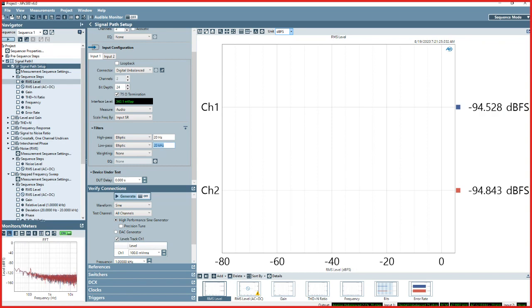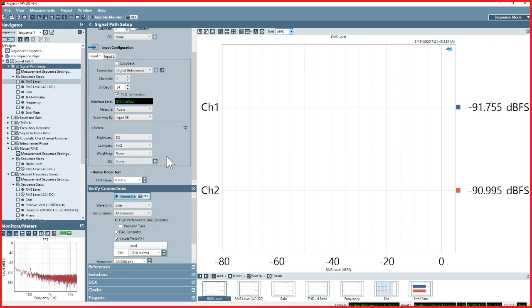Each individual measurement also has the ability to make a filter selection. The reason to make a filter selection in signal path setup is if you want to sort of globally apply a particular selection. I'll say that the most common of these is to choose whether you want to be AC or DC coupled.